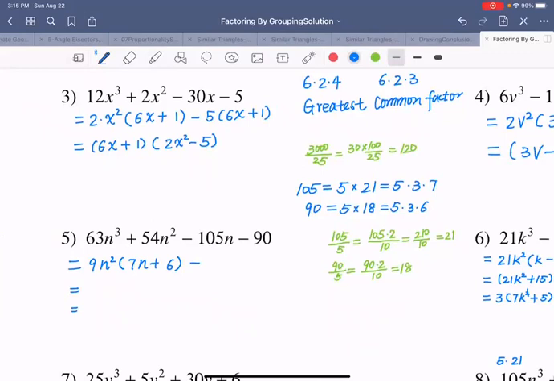Minus 15. You want to see this guy and this guy. What are the common factors? 15. Yes, very good. You take 15. 105 divided by 15 is how much? 7, and then plus 6.